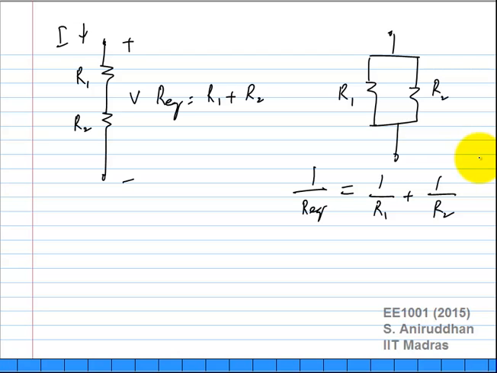If you have elements in parallel, the overall conductance is the sum of the individual conductances. Remember, I defined the conductance as 1 over R. So this is G1 here, whereas here this is R1, R2 plus so on. However many elements you have in series or parallel, you can write down these relationships.